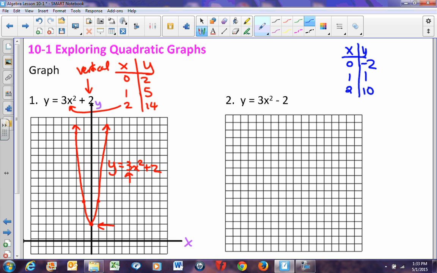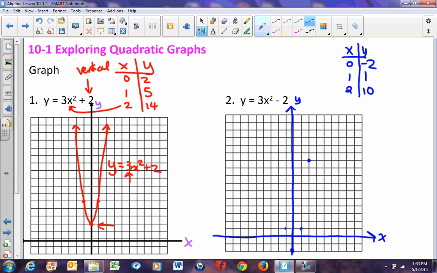And now I can graph these. So if I was to graph these, let me try to draw my x and y axis. I know there's my x-axis, and my y-axis. 0, negative 2 is here. I don't want to put my axis too low. Okay. 1, 1, and that's its mirror image. 2, 10: 1, 2, 3, 4, 5, 6, 7, 8, 9, 10.